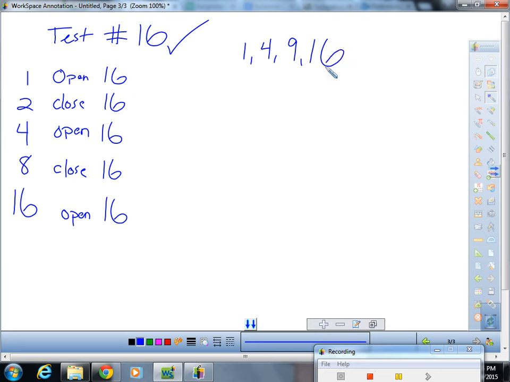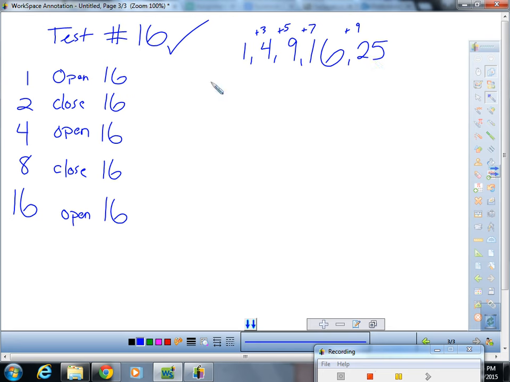Okay, so our first open lockers are 1, 4, 9, 16. Remember, 1 plus 3 is 4, 4 plus 5 is 9, 9 plus 7 is 16. So now we know that the next one will be 25. Now by now, you guys are probably screaming, hey, those are the perfect squares, and indeed.